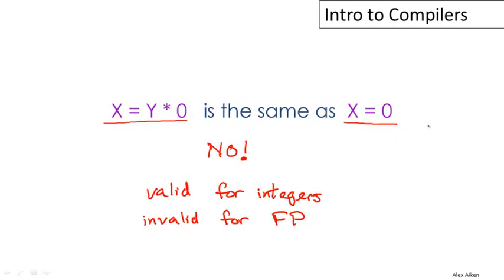Well, you have to know some details of the IEEE floating point standard, but there is a special number in the IEEE standard called not a number, or NaN, and it turns out that NaN times 0 is equal to NaN. In particular, NaN times 0 is not equal to 0. So if x and y are floating point numbers, you can't do this optimization. And in fact, if you did this optimization, it would break certain very important algorithms that rely on the proper propagation of not a numbers.